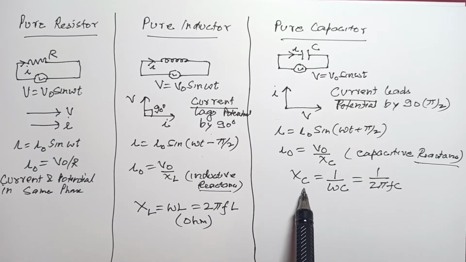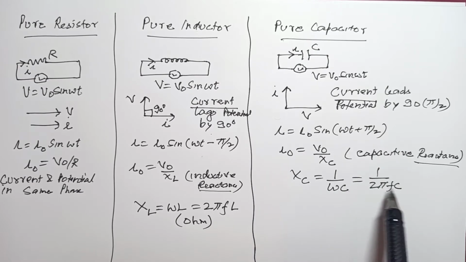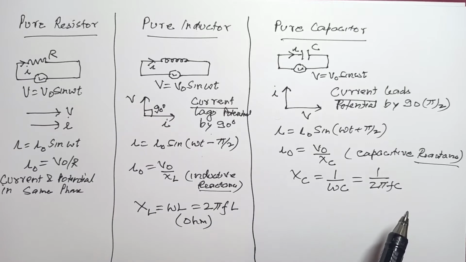In this case, Xc is equal to 1 by omega c. Omega is 2 pi f, so Xc is 1 by 2 pi f c, correct? So, we can summarize the circuits: a pure resistor, pure inductor, and pure capacitor.